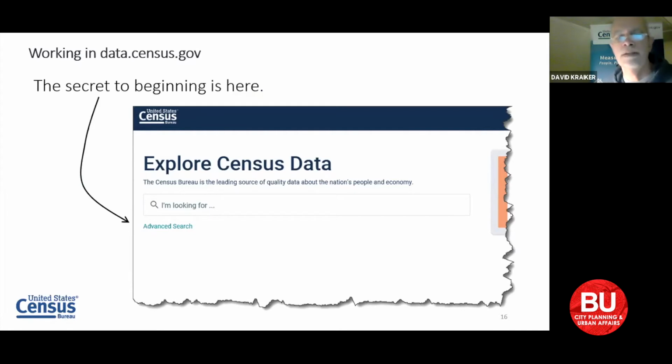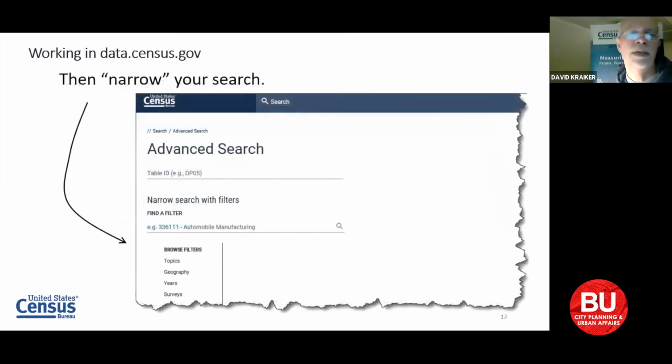So I like to say, go for advanced search. It's down here. It's very unnoticeable. But I tend to say, start with advanced search, okay? And once you click on advanced search, it gives you these breakouts here, and you can start filtering out what you need. Even if you filter out just ever so slightly, I think you're going to get a better product if you go to advanced search.